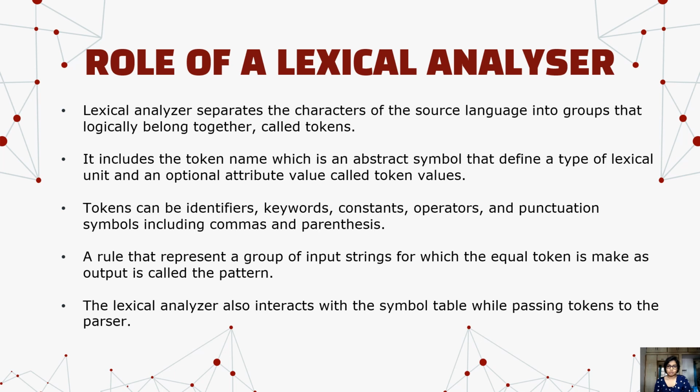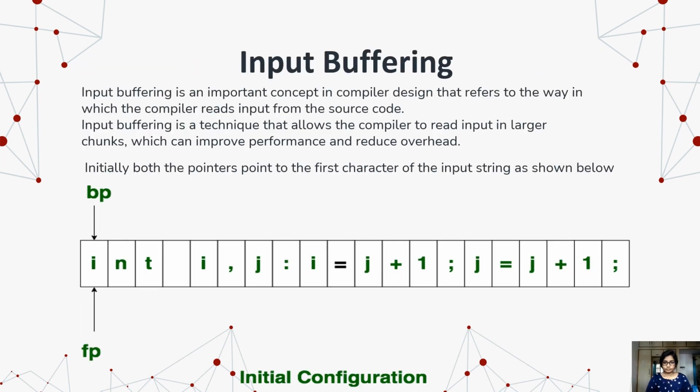Tokens can be keywords, identifiers, operators, constants, and punctuation symbols, including commas and parentheses. A rule that represents a group of input strings for which the same token is produced as output is called the pattern. The lexical analyzer also interacts with the symbol table while passing the tokens to the parser.